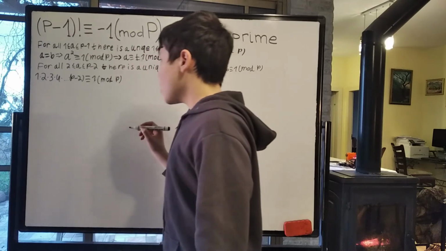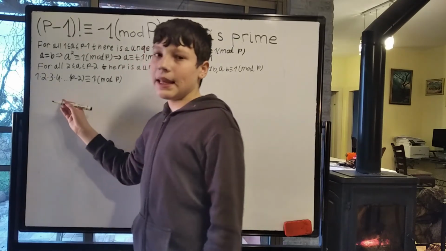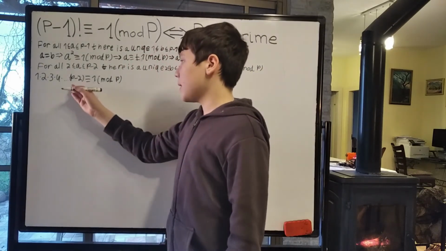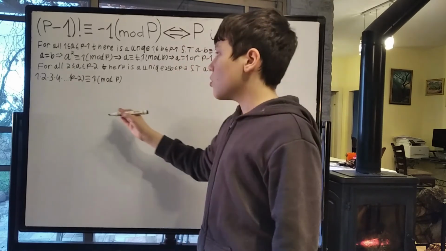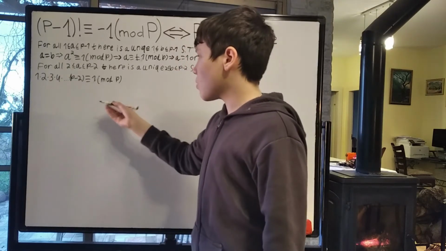But now we can see that if we just add another P minus 1 here, we get P minus 1 factorial.